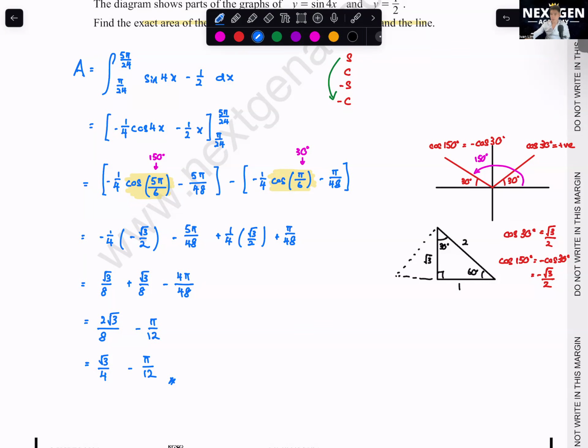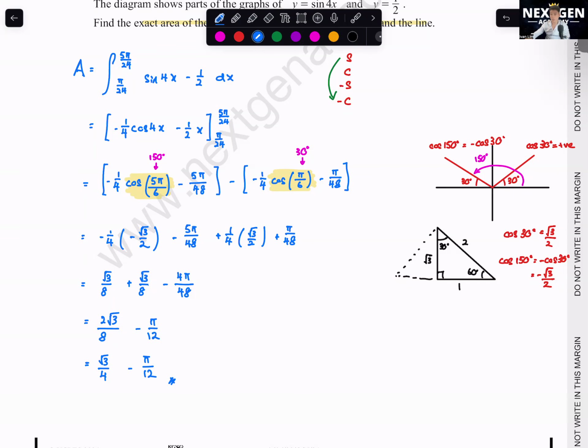Can the base angle be in the third and the fourth quadrant? Can. They can maybe ask you cos 210 degrees. What's cos 210 degrees? Negative cos 30, right?